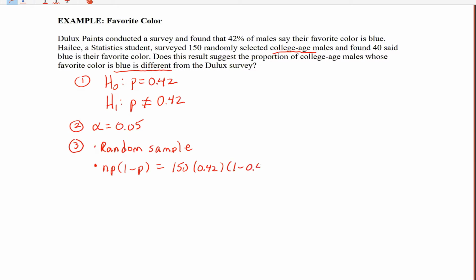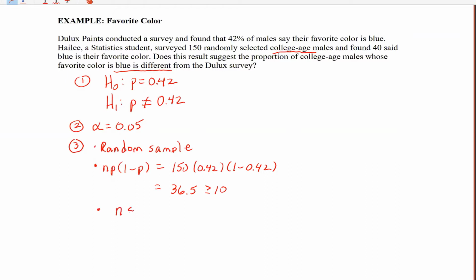And so we're going to compute 150 times 0.42 times 1 minus 0.42. And I'm getting about 36.5, which is certainly at least 10.